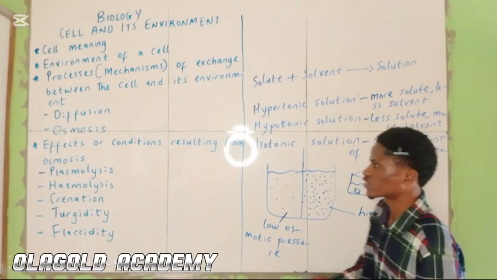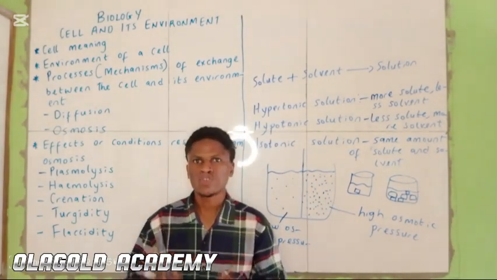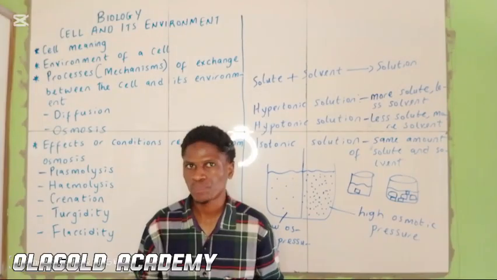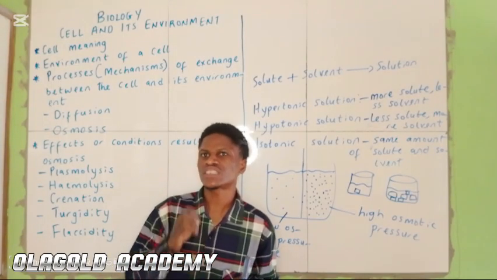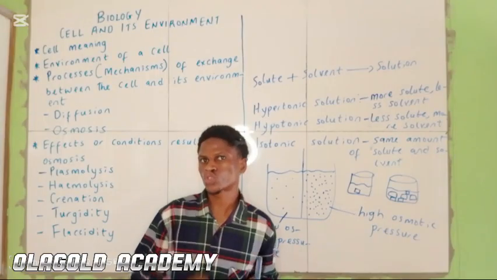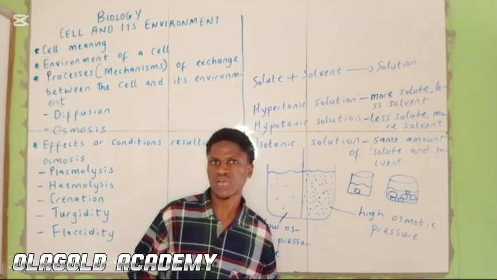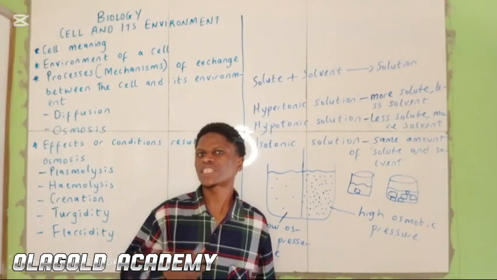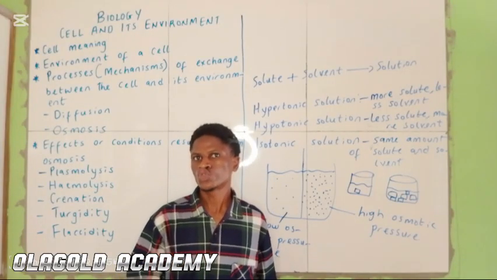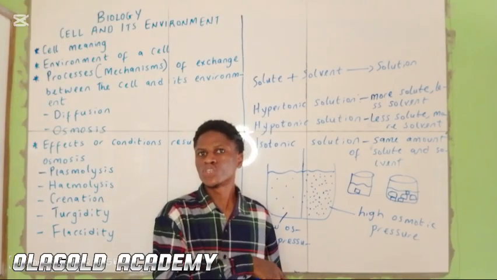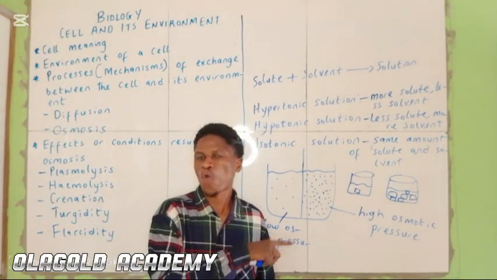So it means that when we have a cell having higher concentration of water, and that cell is placed in a hypertonic solution containing low concentration of water, what happens is that the plant cell tends to lose its water to the region where there is less amount of water.